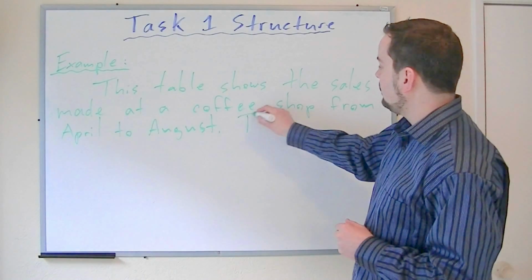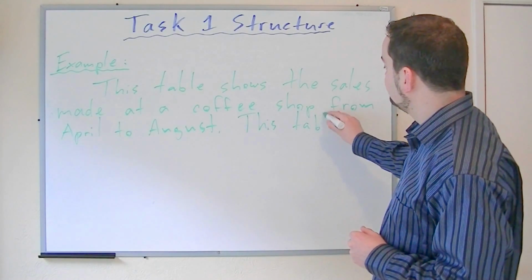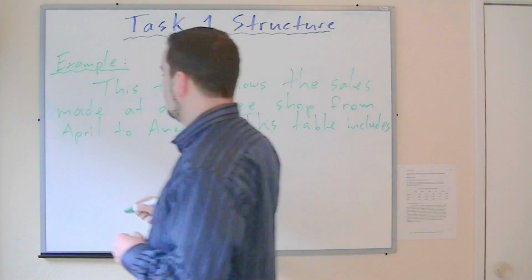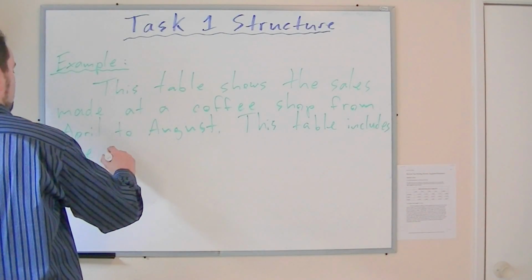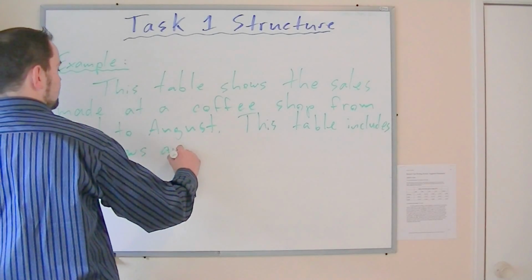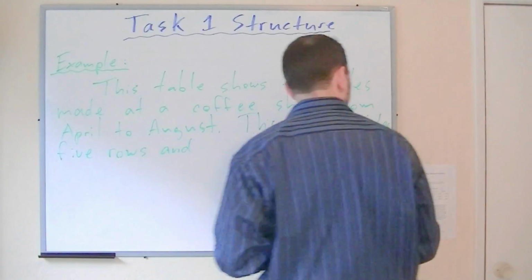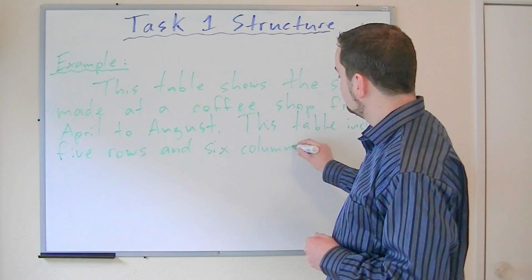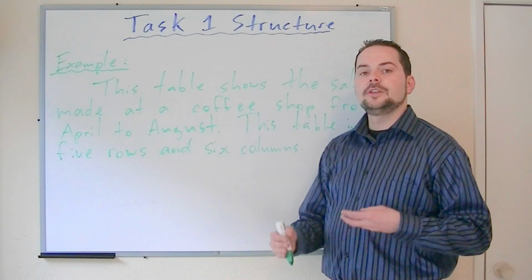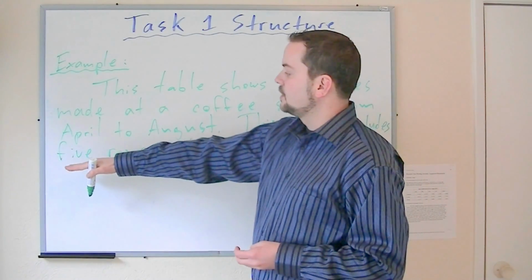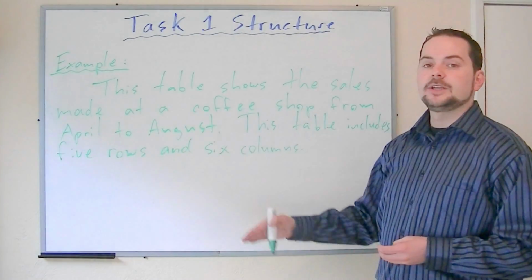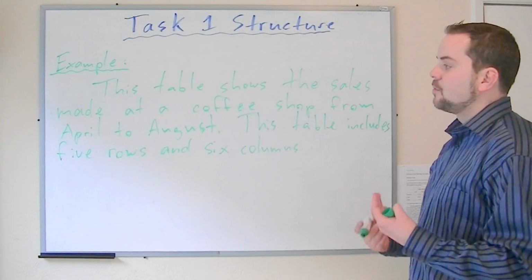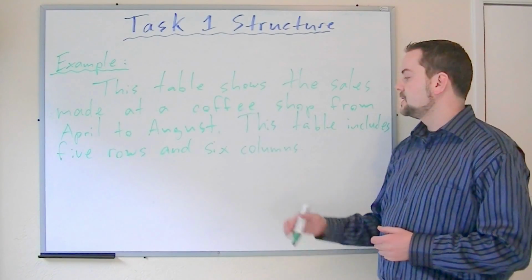So this table includes 5 rows and 6 columns. In English, usually the idea with numbers, pay attention, is that you should write the word if the number is 10 or below, okay? Now, we could write a little bit more if we wanted to describe a little bit further, but this is enough.